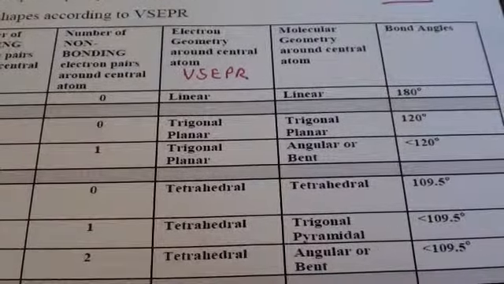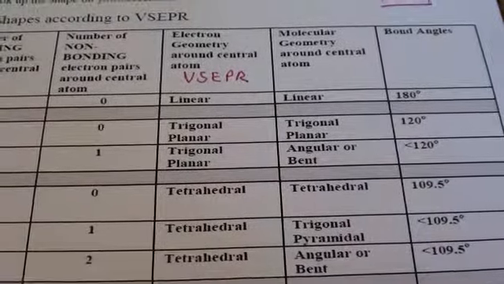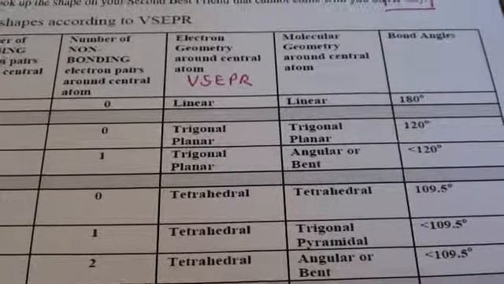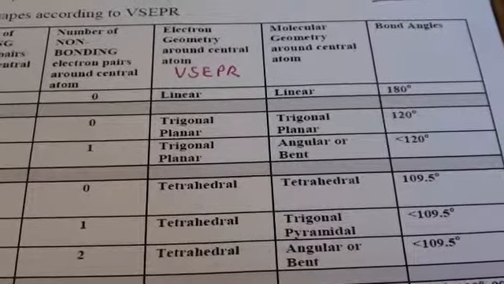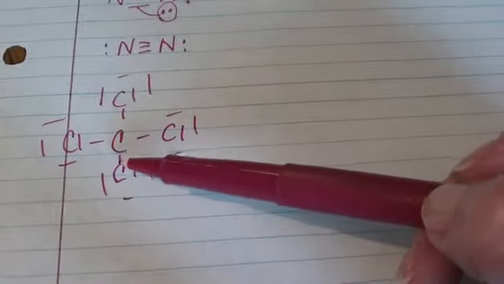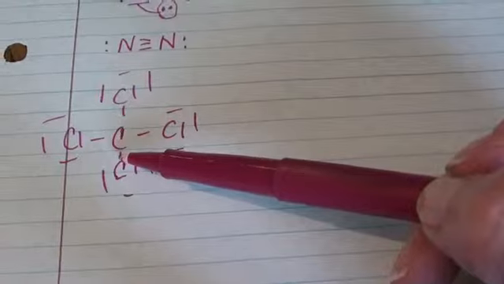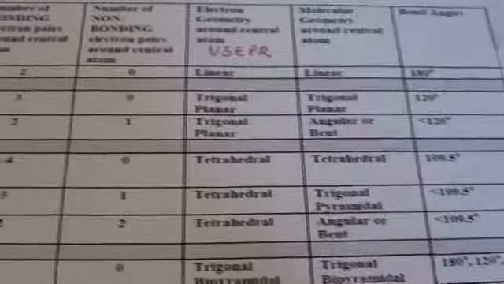Now let's take carbon tetrachloride. This would be the Lewis dot structure for carbon tetrachloride. Around the central atom, there are 1, 2, 3, 4 sigma bonds. So we look, no lone pairs.